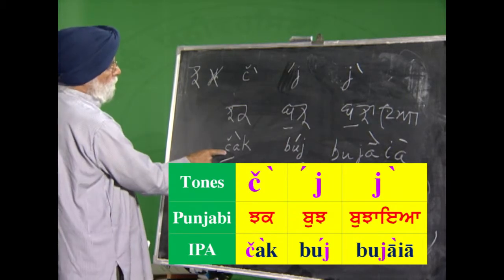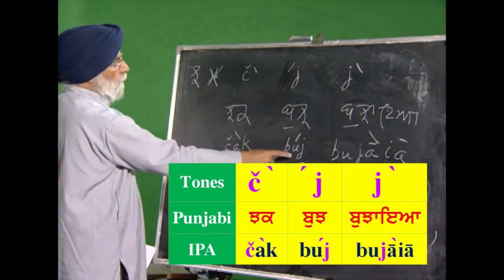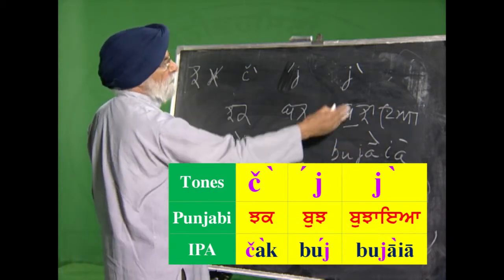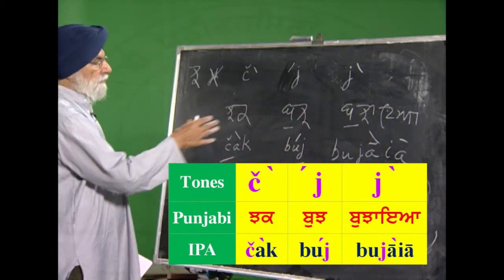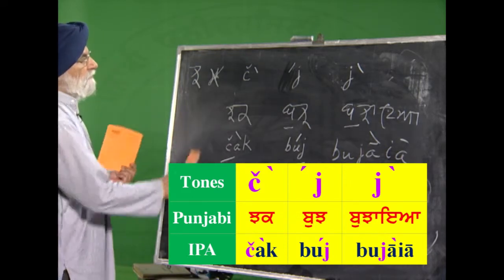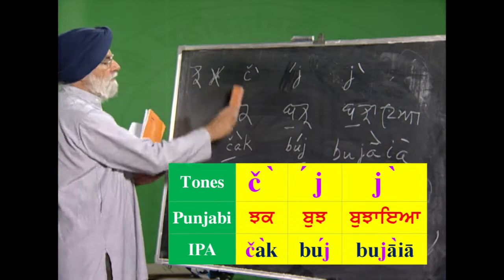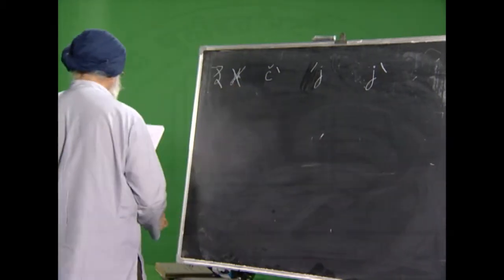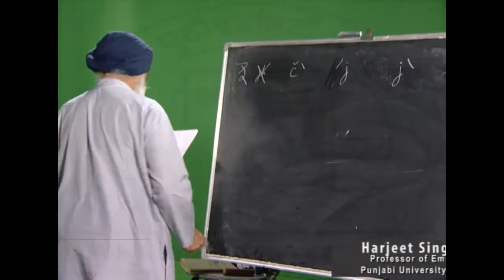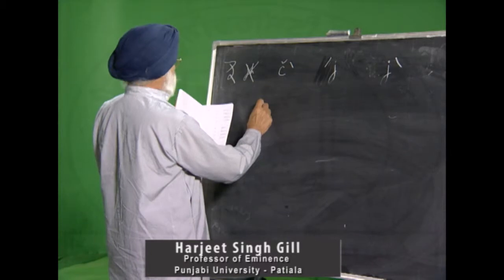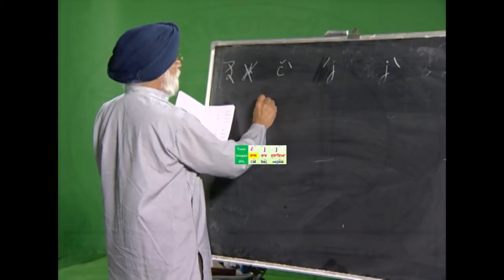Voiceless followed by low tone, voiced preceded by high tone, voiced followed by low tone, in exactly the same pattern from the point of view of phonetics or pronunciation in all these words. We have two more words to exemplify this series.